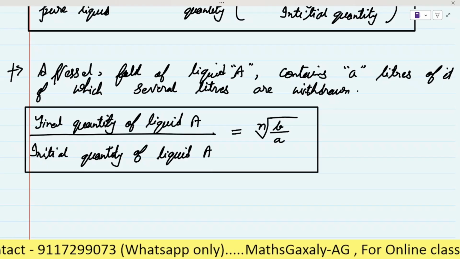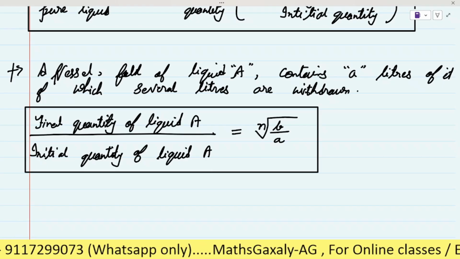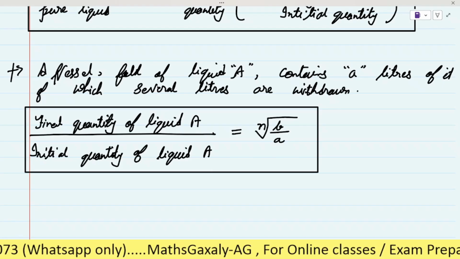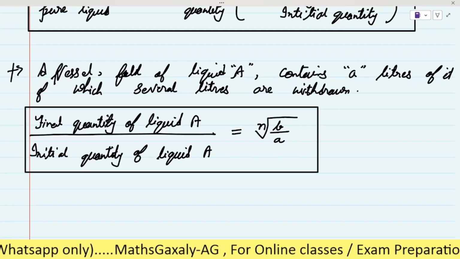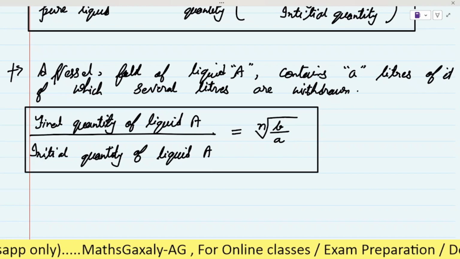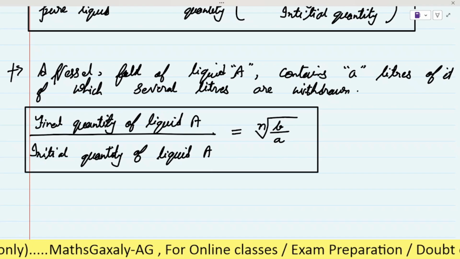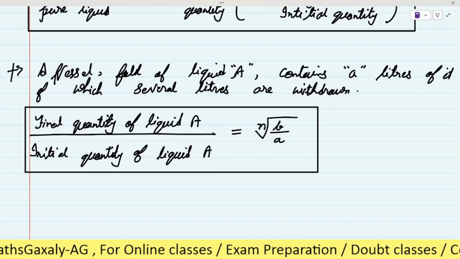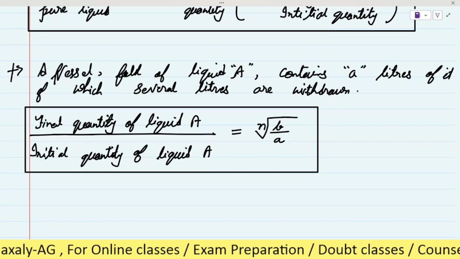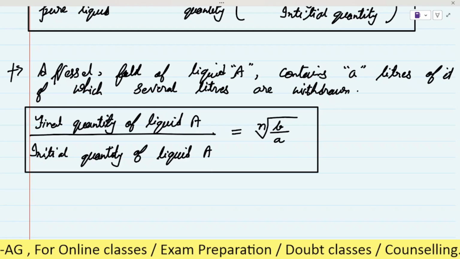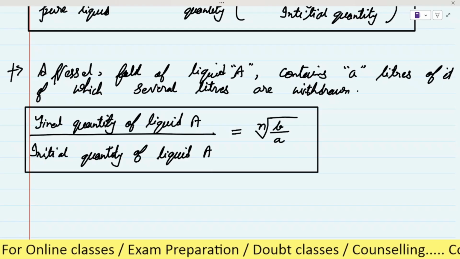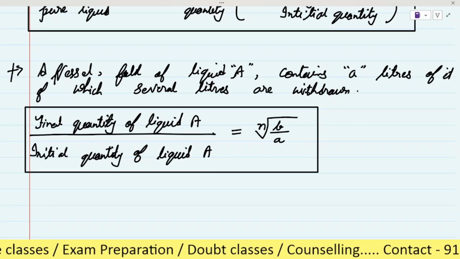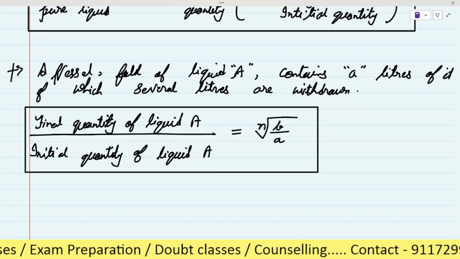So this process is repeated n times, suppose 4 times, 5 times, whatever it is. As a result, the vessel contains b liters. After doing this process, the small b again represents the quantity of liquid A, suppose milk.